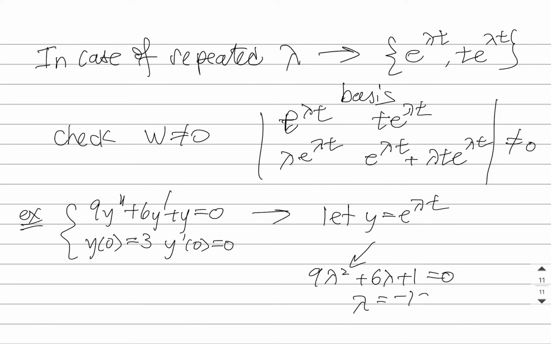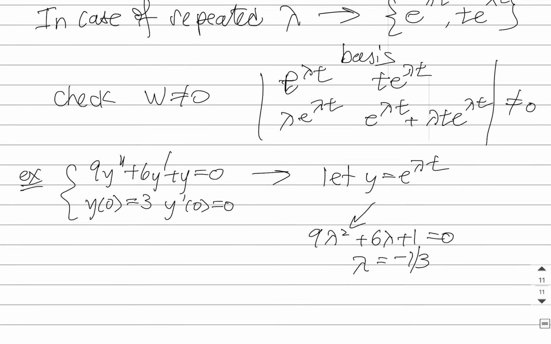Lambda would be negative 1/3. Negative 1/3, it's a repeated root. So y1 is going to give us e to the negative t over 3. y2 is going to be t e to the negative t over 3.